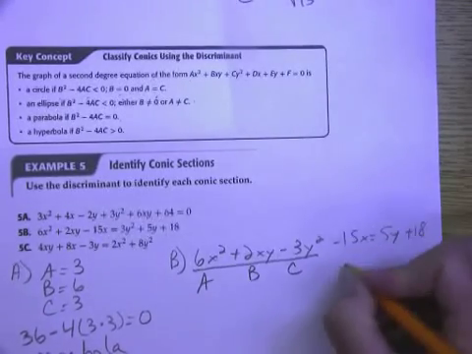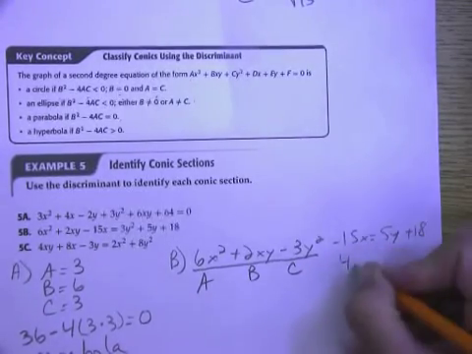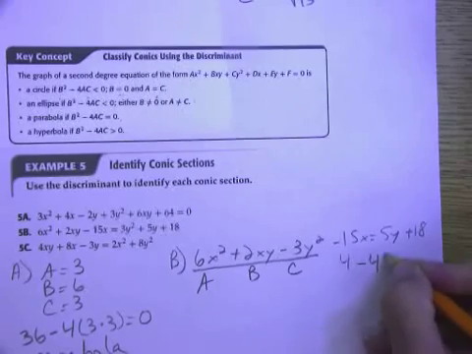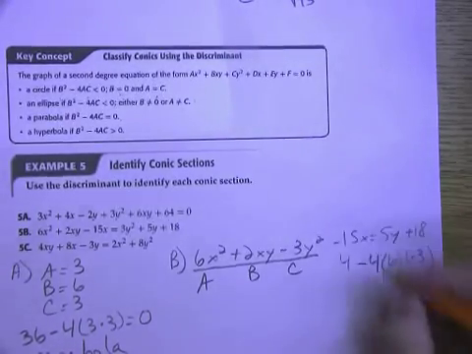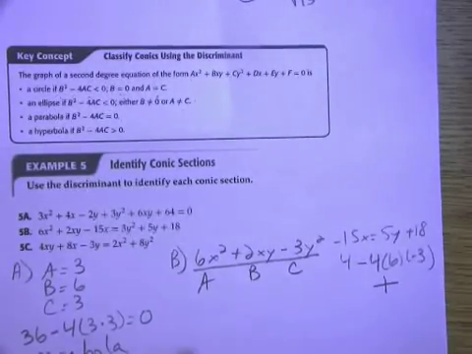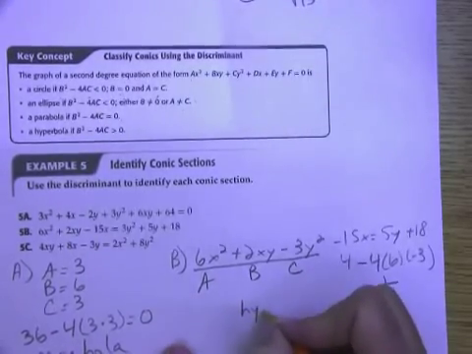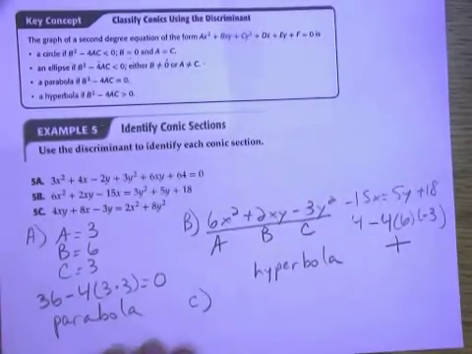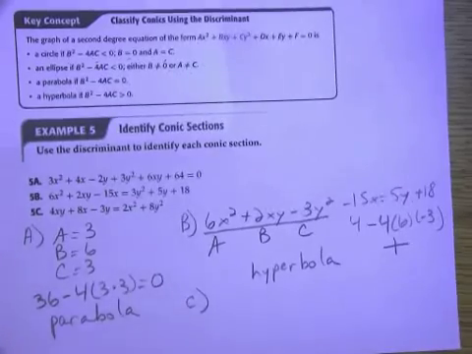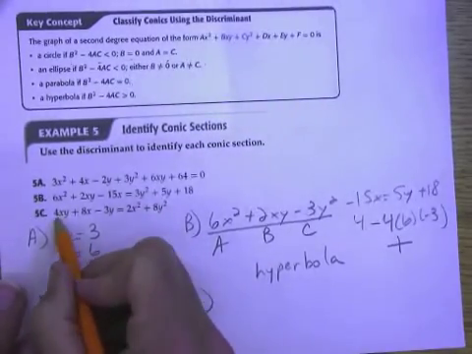It really doesn't make any difference. The only terms we're interested in are those three, so a, b, and c. b squared is 4 minus 4 times 6 times negative 3, which means that this is a positive value, making it a hyperbola.